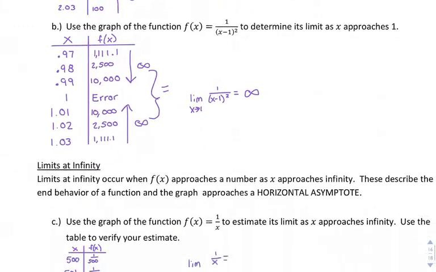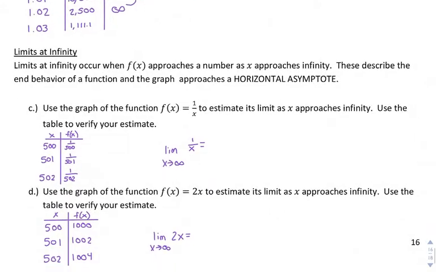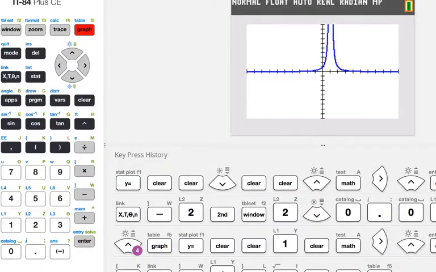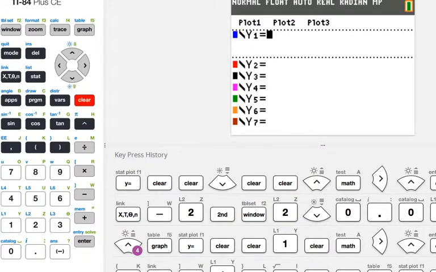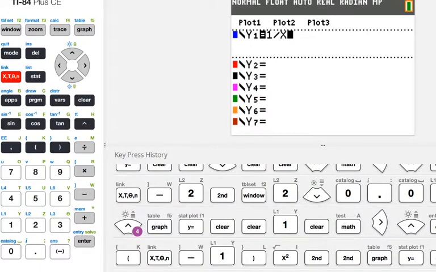So what happens if we're looking at limits at infinity? That means x is approaching infinity. We're going to use the graph of the function f of x equals 1 over x to see what the limit is as x approaches infinity. So you're going to go over to your calculator, do 1 over x.